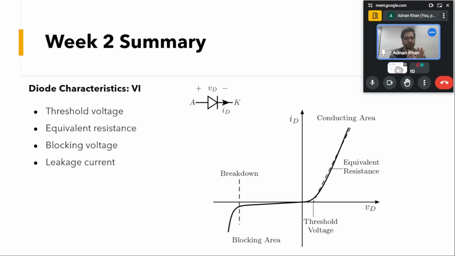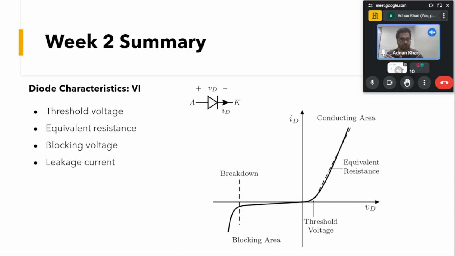For silicon it is about 0.7 volts, and for germanium around 0.3 volt. Until this voltage, the diode is mostly off. Some current will flow, but the diode is not in the conduction mode.